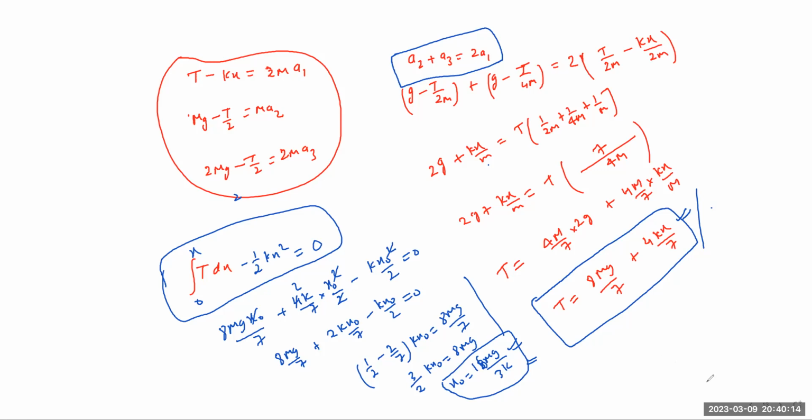C part is T minus kx naught by 4 equals 2m into a. And T is how much? 8mg by 7 plus 4kx by 7 minus x naught by 4.